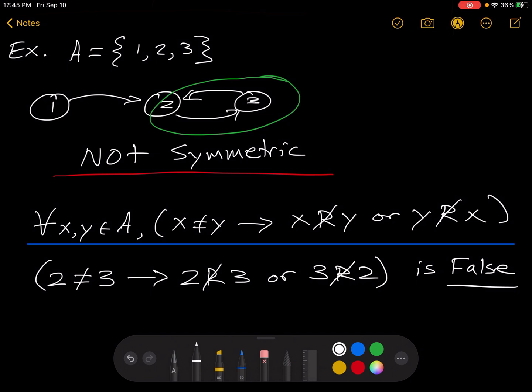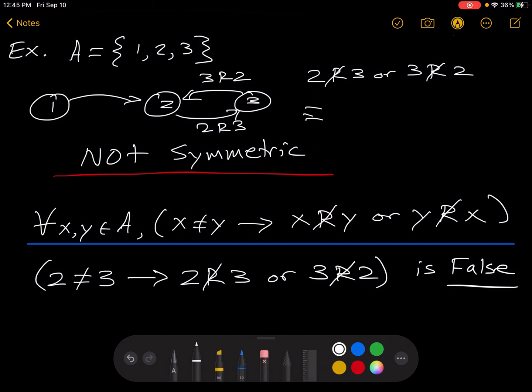Let's see why that's false. Remember that this arrow from 3 to 2 tells us 3R2, and the arrow from 2 to 3 tells us that 2R3. So this statement here is equivalent to, because we know 2R3 is true, so not 2R3 is going to be false.